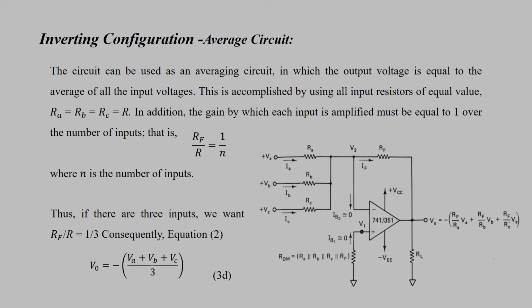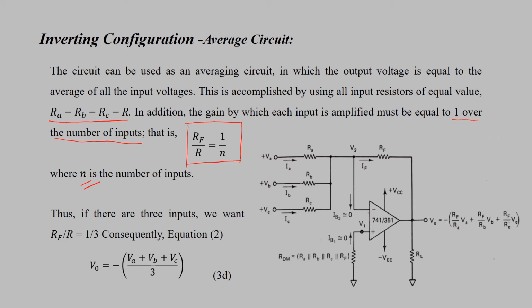This is accomplished by using all input resistors of equal value, RA equal to RB equal to RC equal to R. In addition, the gain by which each input is amplified must be equal to 1 by the number of inputs, that is RF by R should be equal to 1 by N, where N is the number of inputs.